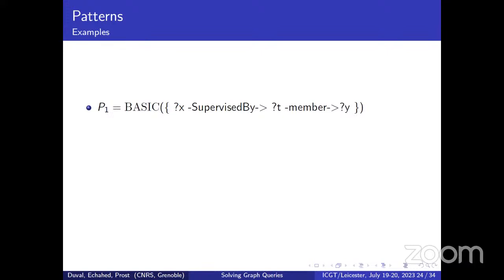In the first two examples of queries, I gave this example saying that student supervised by variable T, person T member of Y. So this is a graph. So basically this graph is a pattern. The one used in the construct query was this pattern P, which builds this graph.